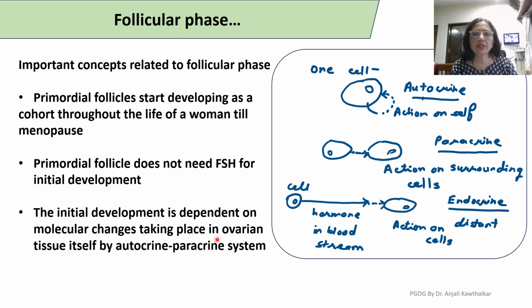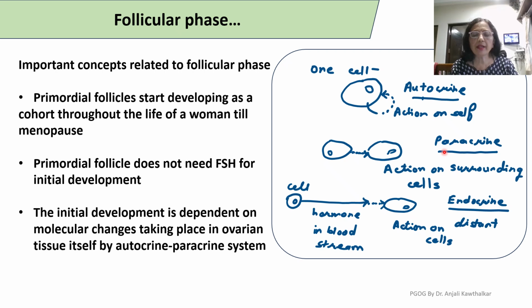So let us see what this is. Autocrine: a cell is there, it is secreting a substance, and this substance is acting on the same cell via the receptors which are present on the cell wall. This is called the autocrine way of functioning, where the cell itself is regulating its own function with the presence of receptors on the cell wall for whatever substance is being secreted by that cell.